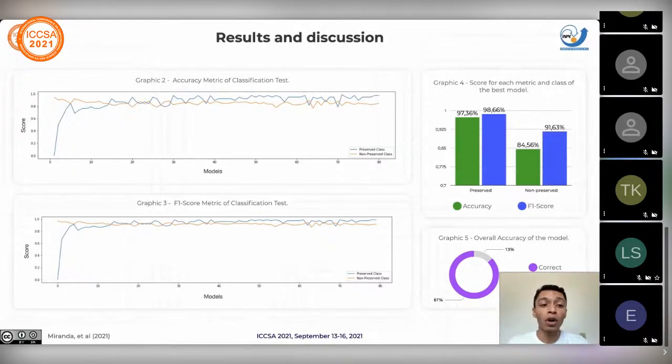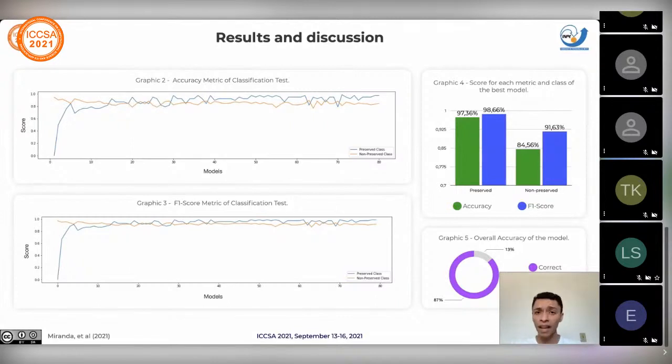However, model 49 was the best, according to the metrics, where 137 of 162 images were correctly labeled for the non-preserved class, and 37 of 38 images were correctly labeled for the preserved class.